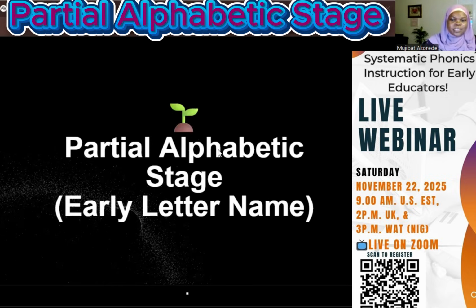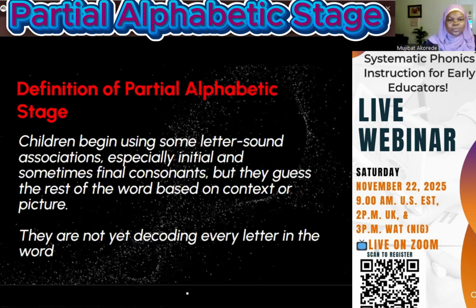This is the second stage of reading where children begin to understand some letter-sound association, especially the initial and the final consonants. Not all the letter sounds, but at least when they see a word, they easily recognize the initial and the last one. They can guess the middle vowel or middle consonant.